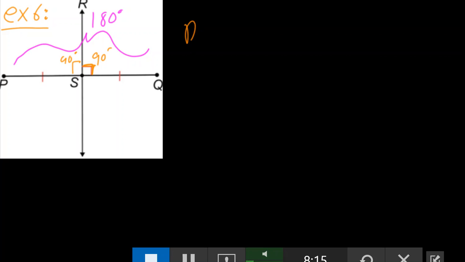So how could we write a double ratio for this problem? A double ratio, something times 2. Well, in this specific case, we can say something like angle PSR is equal to 180 degrees.